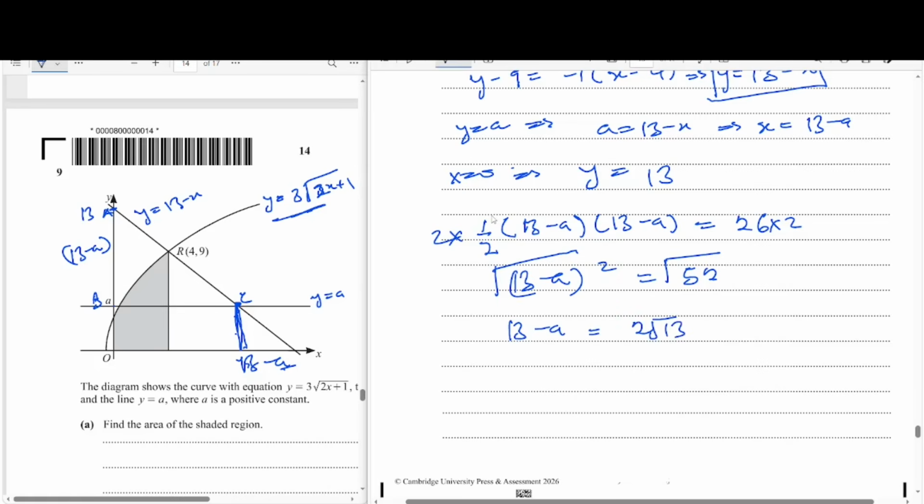Now we make a the subject, so that we have a is equal to 13 minus 2 root 13, and that is the exact value of a, so that the area of the triangle will be equivalent to the area we found for the shaded region.